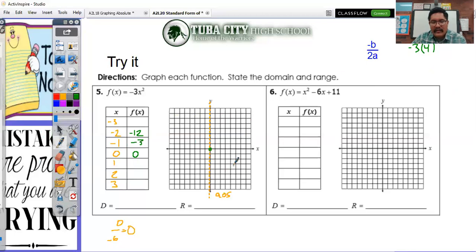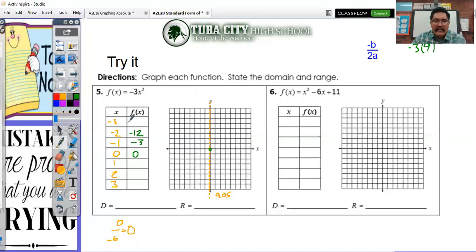Now at this point, our graph is off the chart, so our graph only goes up to 8, but that's okay. We're going to continue it anyway. Let's put negative 3 in there. If I were to square negative 3, so that's negative 3 times negative 3, that would be positive 9.